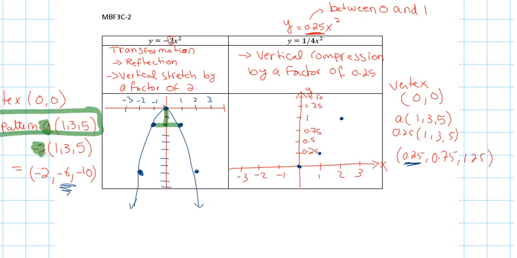Now to get to my next point, I'm at 1 and adding 1.25. Where would that be? 2.25. I don't have room on my graph to fit it, so I'm not going to plot that point. I'm going to do the same thing on the other side: left 1 and up 0.75, left 1. If you look at my graph, it's going to look like this.